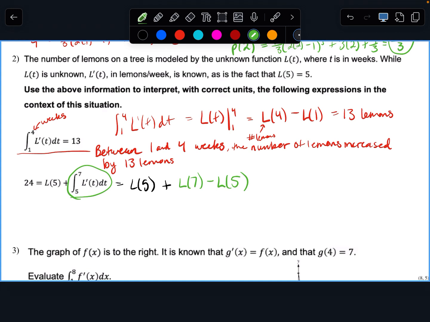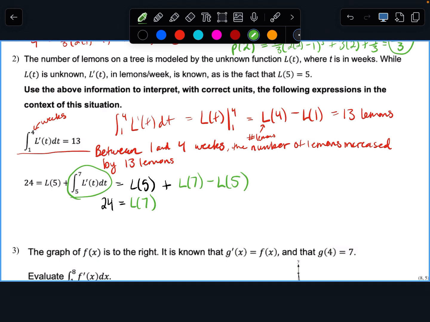Basically, I would subtract it, but if you notice, the L of 5s cancel. So if you were to simplify this, you get 24 equals, and then you're just left with L of 7.